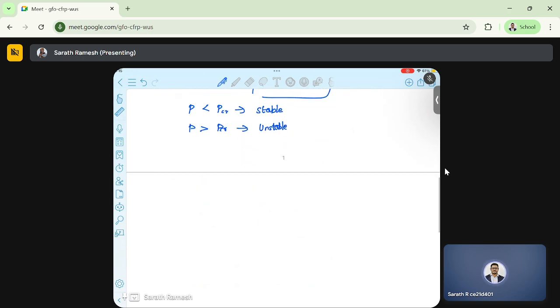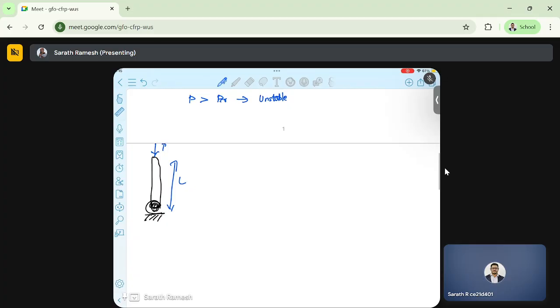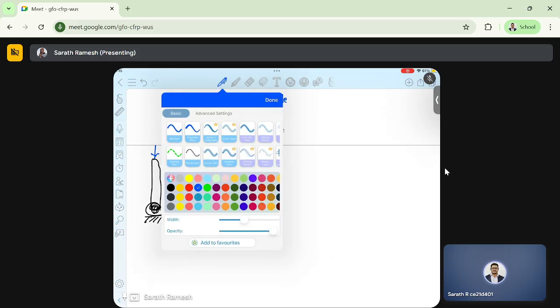Suppose we have some more cases. Suppose we have a bar like this, and there is some spring, and the other end is free. Now if we apply a load here, and this length is L, how will it behave?